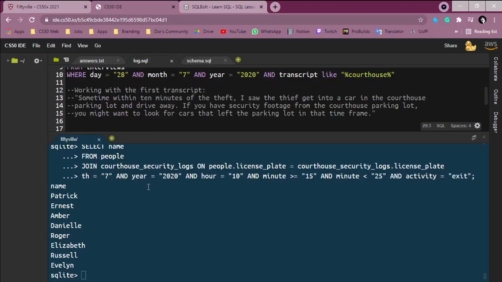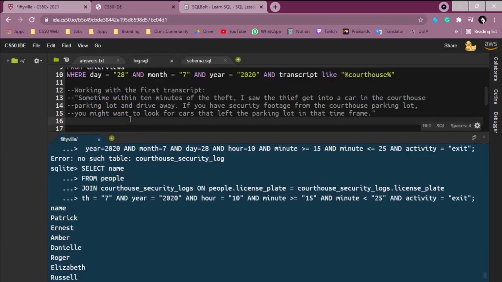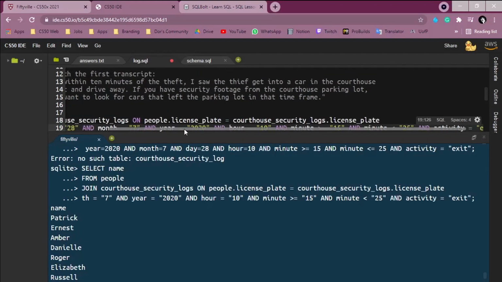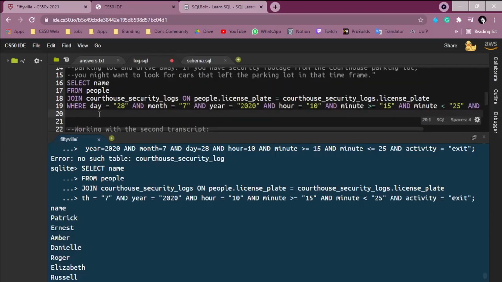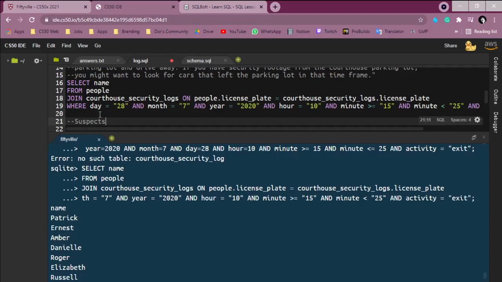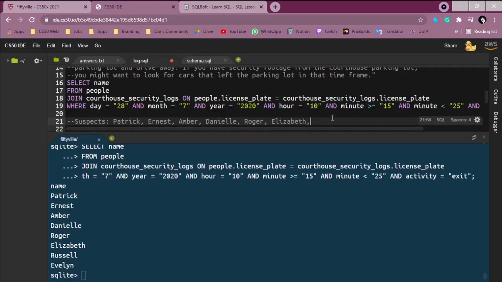This is our first suspect, okay, so since this is working we can put this in here, and we're going to write it down here, the suspects that we have so far, just to keep track of the names: Patrick, Ernest, Amber, Danielle, Roger, Elizabeth, Russell, Evelyn, and that's it, okay?